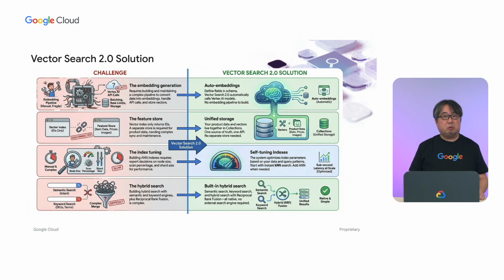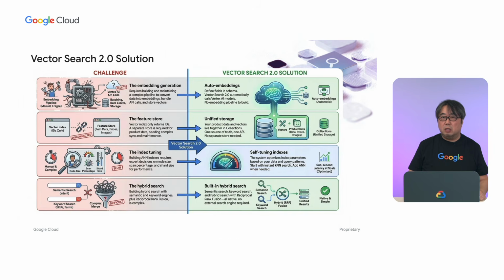For example, we provide a Vertex AI Embeddings API that converts content like text or images into embeddings. So you have to generate the embeddings by yourself and then pass the embeddings to vector search to build the index. So the index building pipeline could be a nightmare for developers.